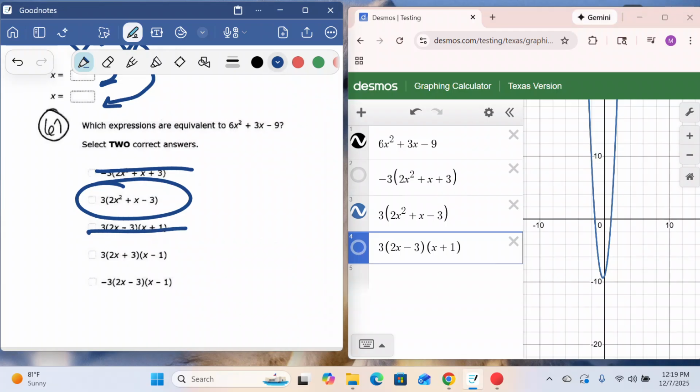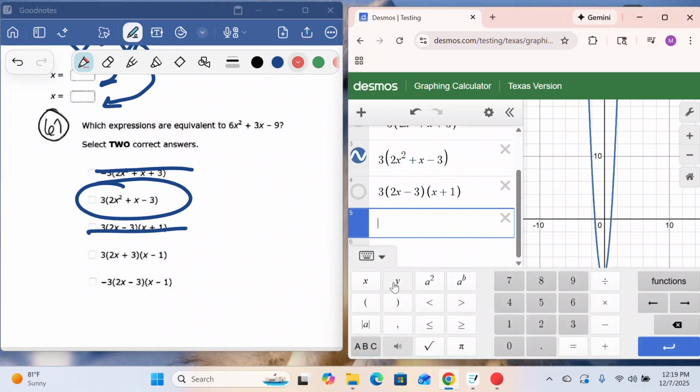So this one is wrong. Then I go to my next one and I input, and remember I'm looking for it to overlap. So I'm going to go ahead and input 2x positive 3, close, open, x minus 1, close, and it looks like we have another winner.